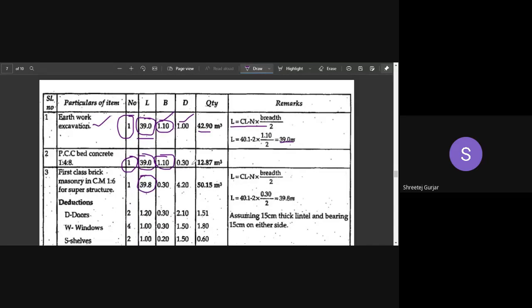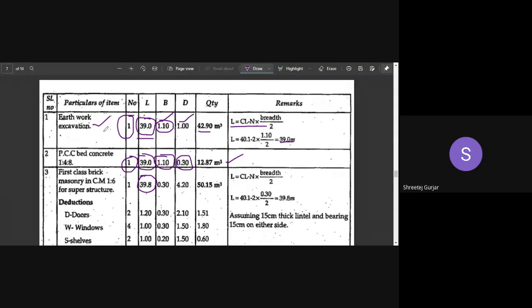And the depth of my PCC bed is 0.3. By multiplying these 4 values, that is 1 into length into B into D, I will get the quantity in meter cube of my PCC bed concrete 1:4:8. Okay, so I hope you have copied this down.